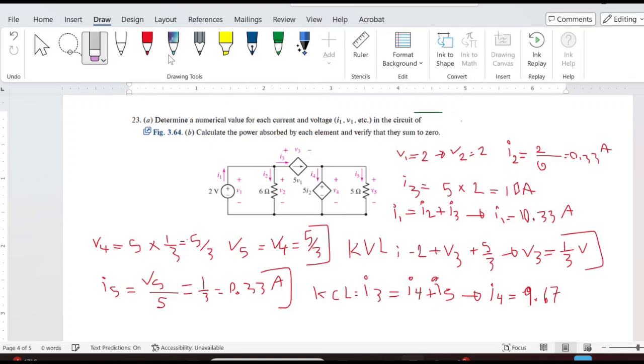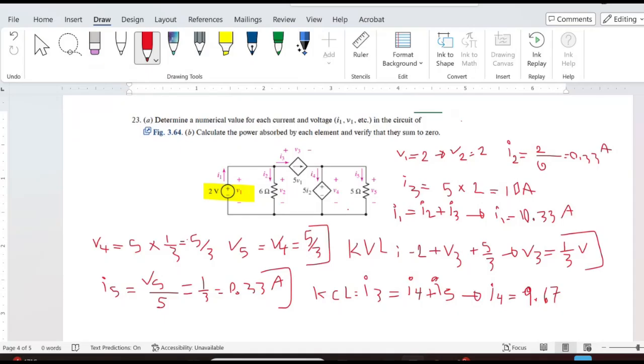So regarding the power, if you pay attention, this independent voltage source delivers the energy, and the rest of the elements in the circuit actually consume the energy, because that's the only one where the current enters the negative terminal.